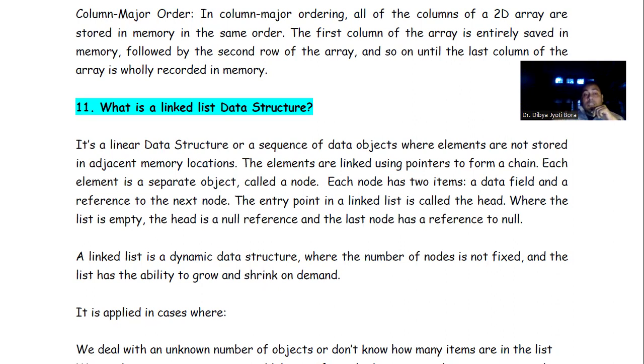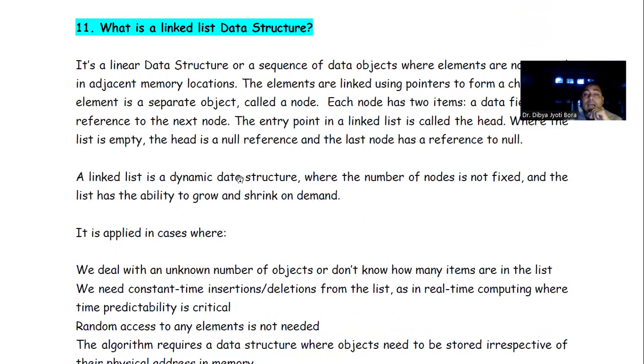If the linked list is empty, obviously head is a null reference, and the last node has a reference to null. Now, a linked list is a dynamic data structure where the number of nodes is not fixed and the list has the ability to grow and shrink on demand. This is the advantage.